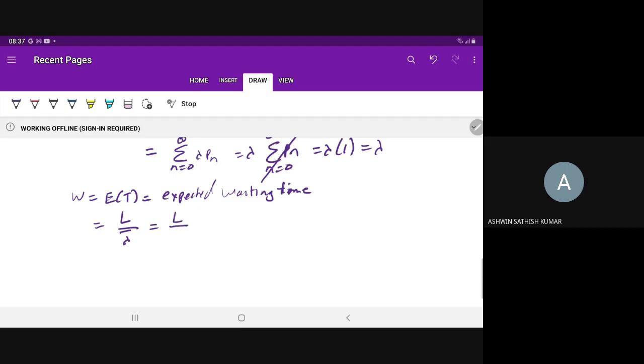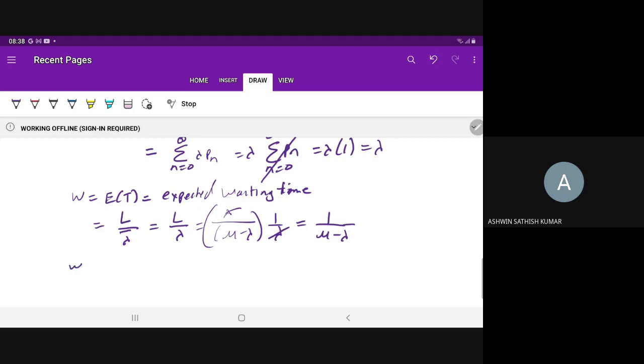So L upon lambda, because lambda bar is lambda. And L is lambda upon mu minus lambda, into 1 upon lambda. So lambda and lambda cancel out, and here we have 1 upon mu minus lambda. That is W.